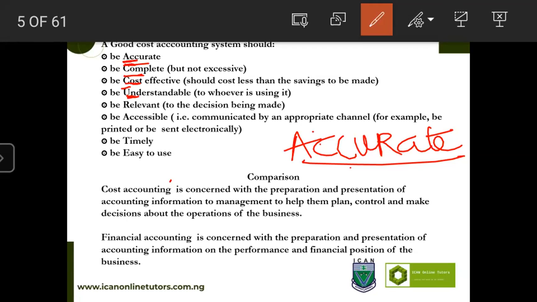If you are given data, they have to understand it. Then we say, oh, this information is perfect. And it must be relevant. Any information or any cost accounting system must be what? Relevant. Information that is not relevant for your decision, we don't use it. And during the course of our class, we will get there.